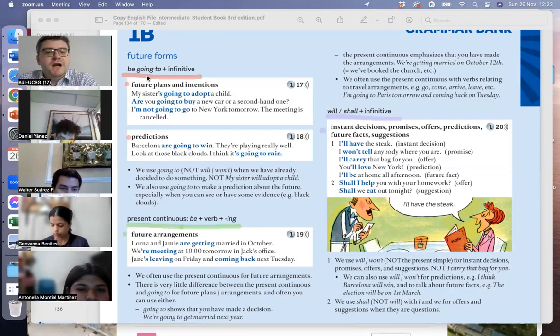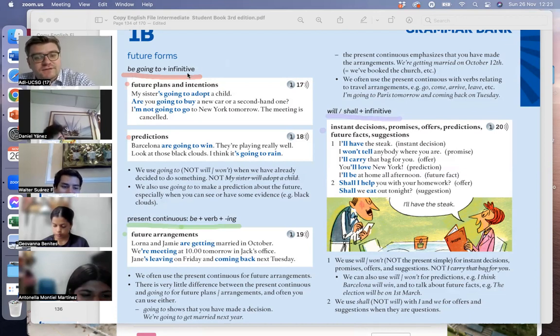We're using be going to plus infinitive. So my sister is going to adopt a child. Why? Because this is the future plan. This is her intention. This is what she's planning to do. So in those cases, we do not use the future simple. We use be going to plus infinitive.